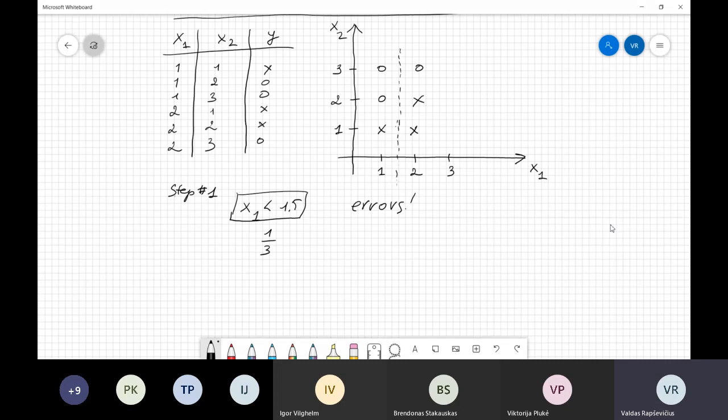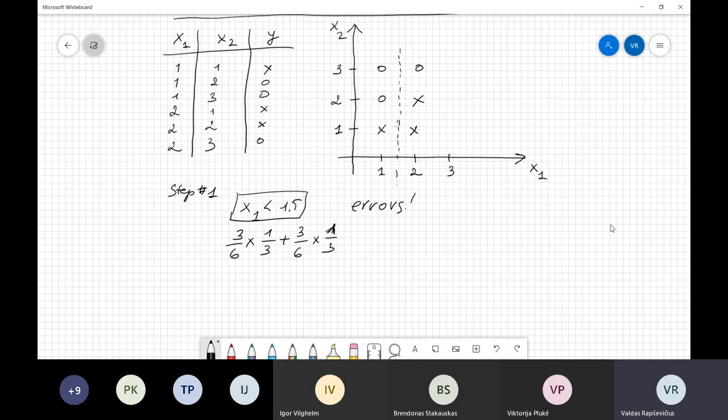and this part has the same situation. Majority class is x, and the error is 1. So 1/3 as well. So from overall observations in this partition, now the partition is the whole data set, we have 3 and 3. So we have 3/6 times 1/3 plus 3/6 on the other side times 1/3.